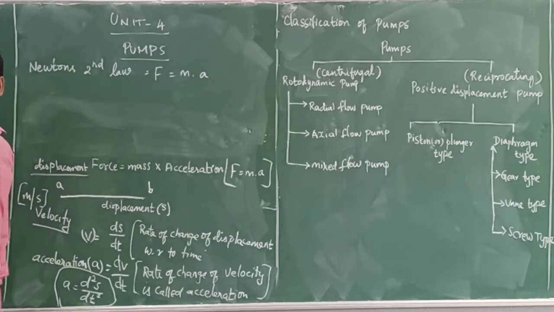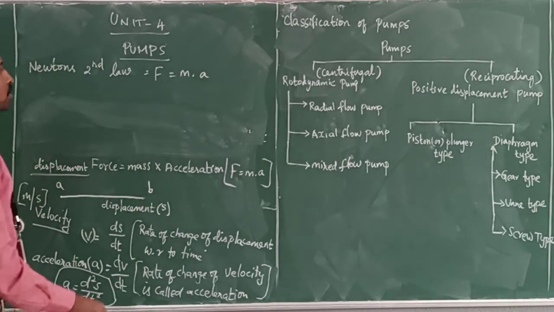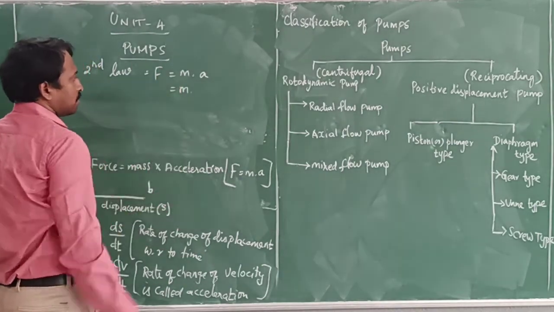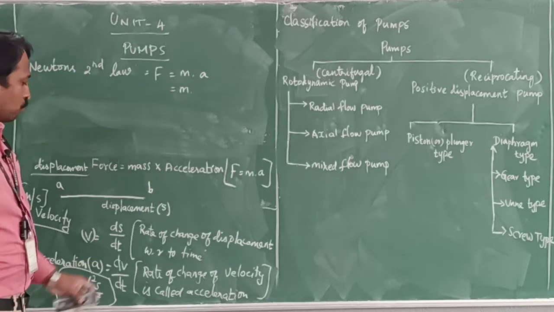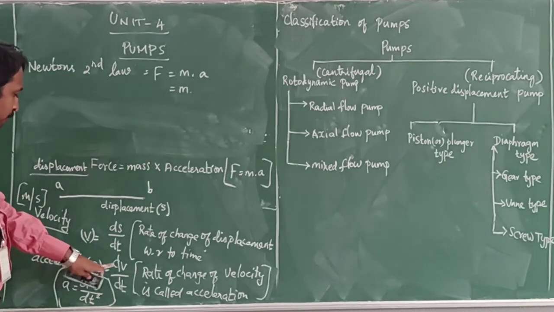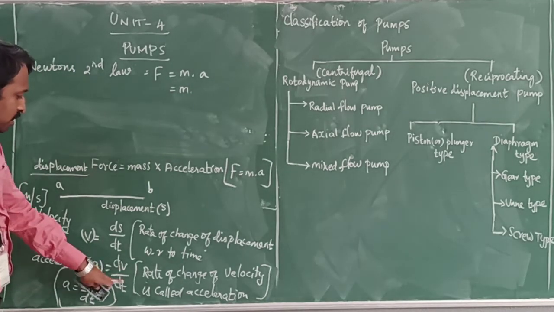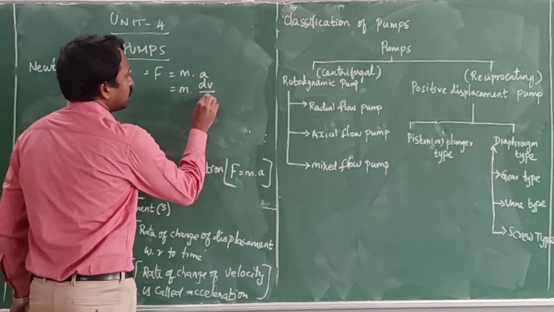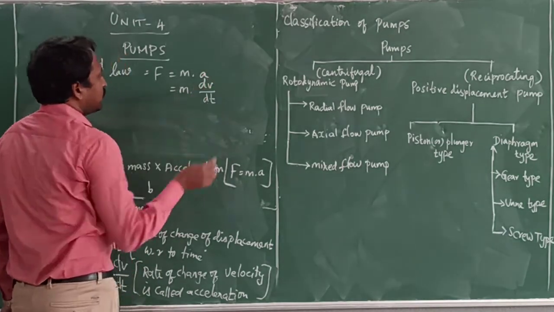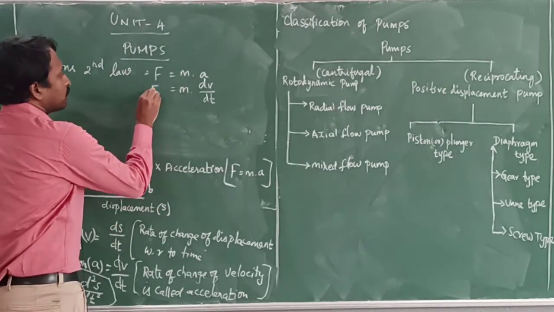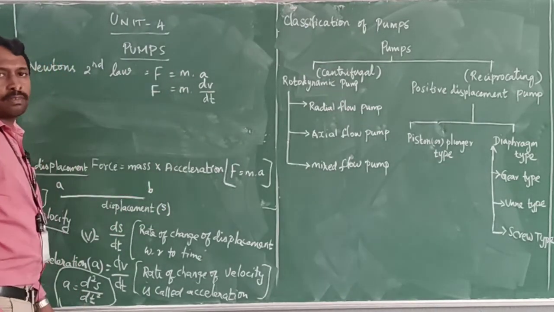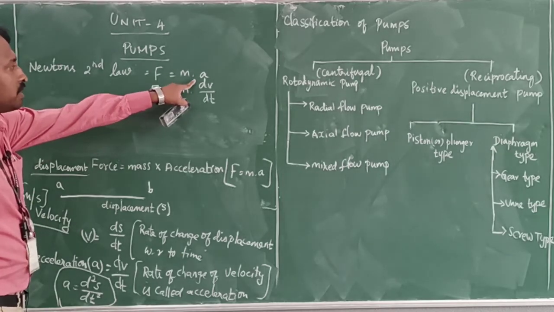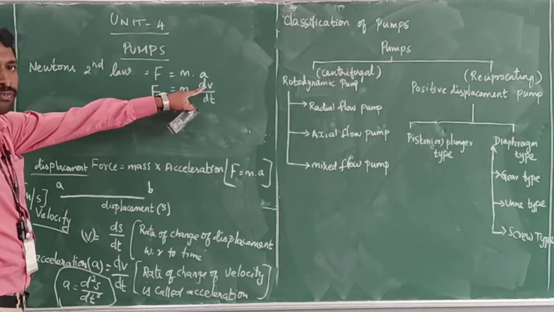Force equal to mass into acceleration, right? What is acceleration? We already found that acceleration is dv by dt, so F equal to m into dv by dt.